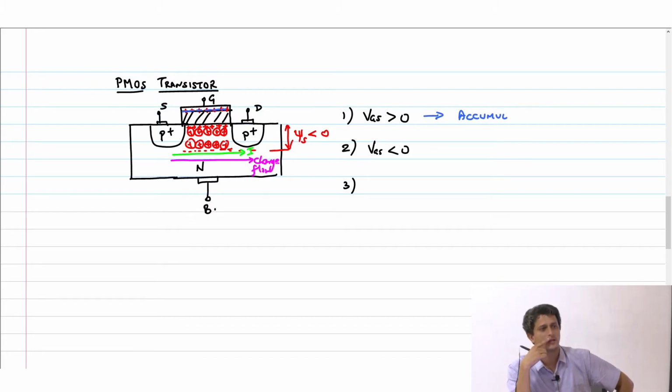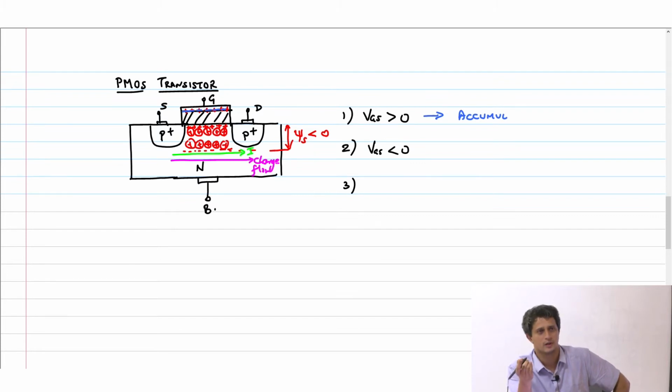So if you look at this now, compared to the source, what should be the nature of the voltage I apply on the drain side? Should be a negative voltage, because again current can flow only from high potential to low potential, that doesn't change, NMOS transistor or PMOS transistor.